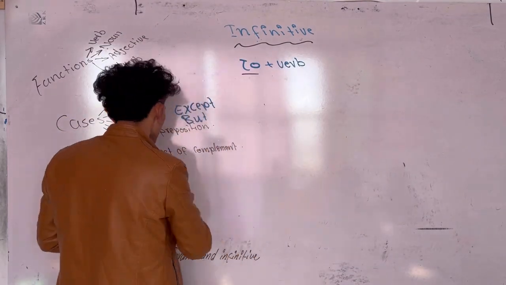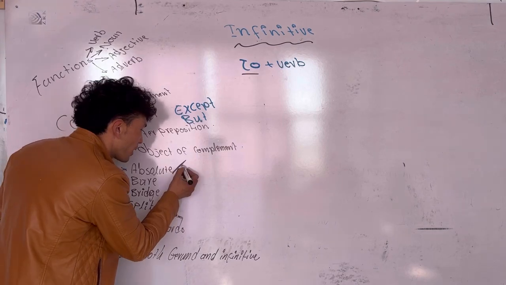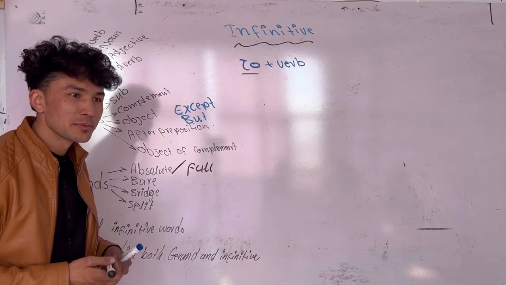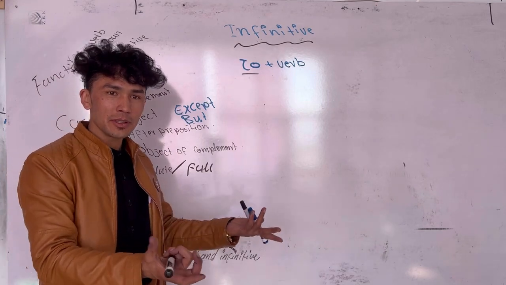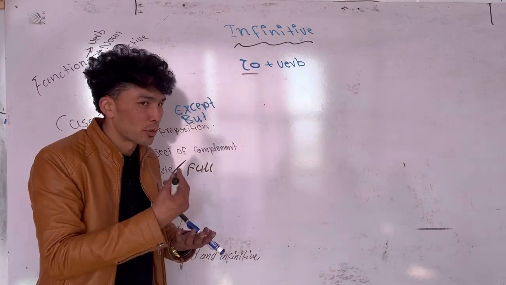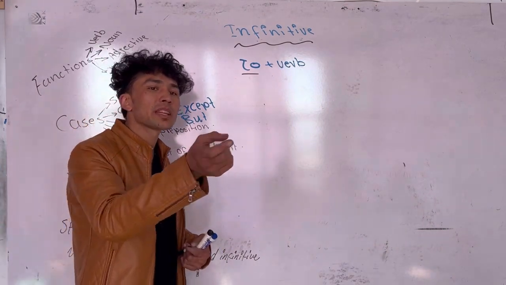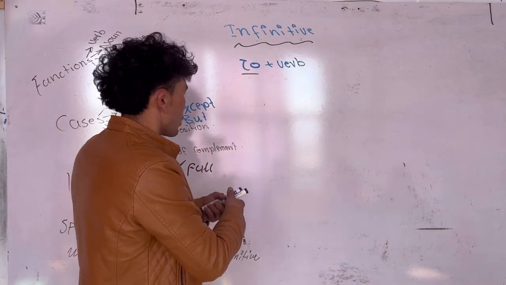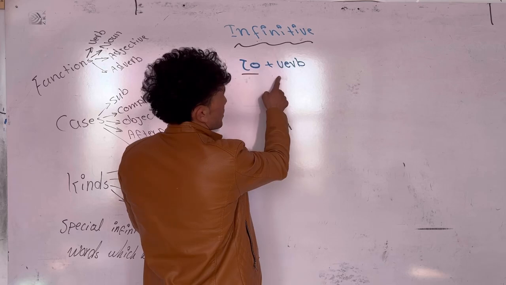What is absolute infinitive? Well, it's kind of a new name. Absolute infinitive, or full infinitive. Do you know full? Absolute infinitive or full infinitive means to plus the base form of the verb.